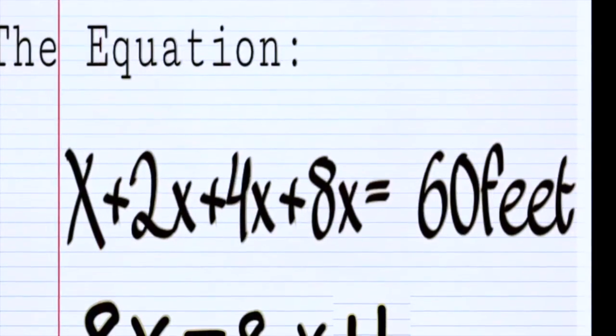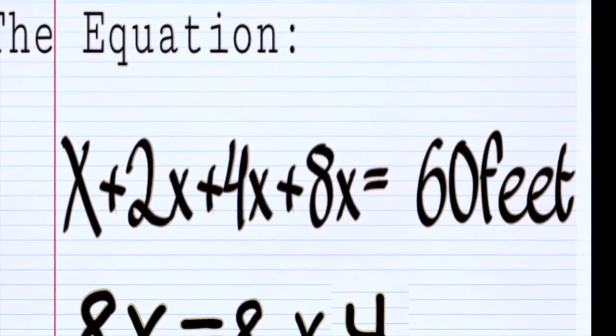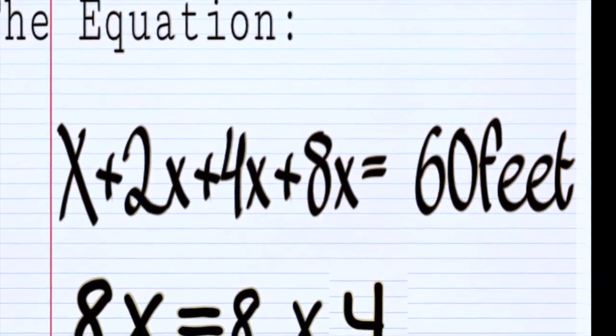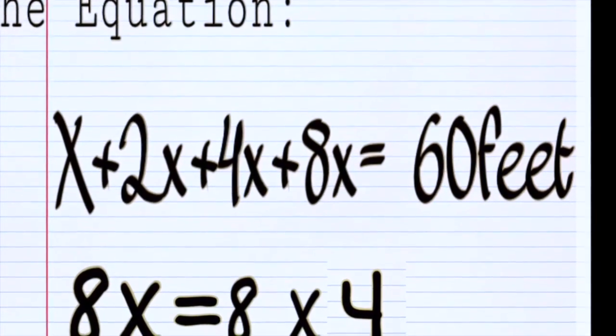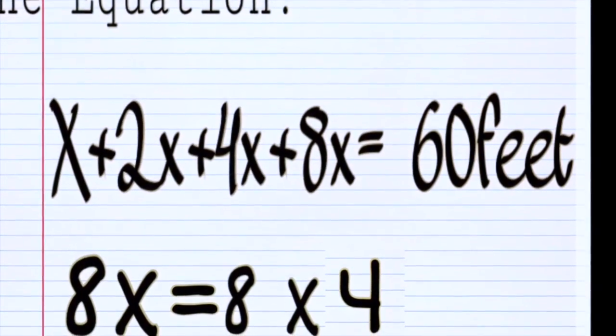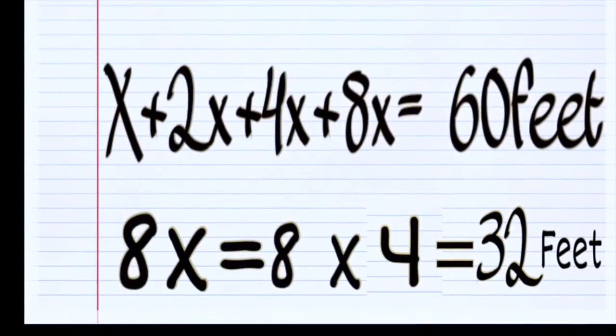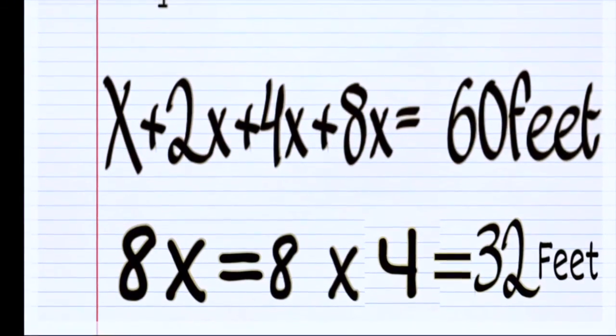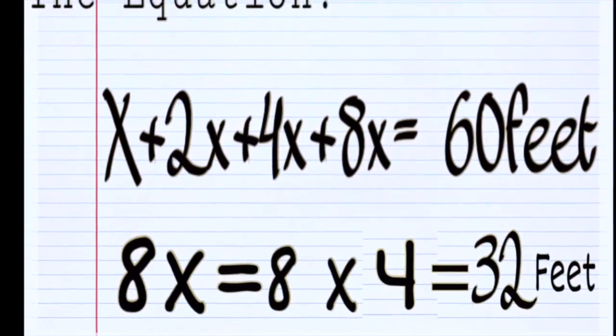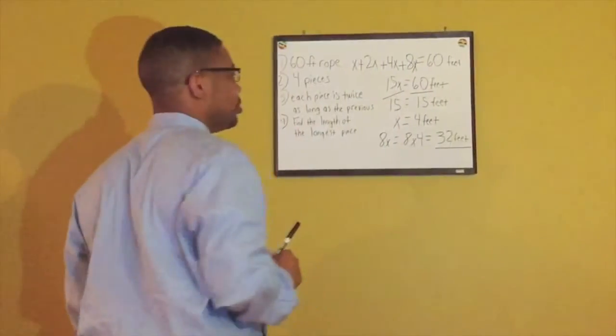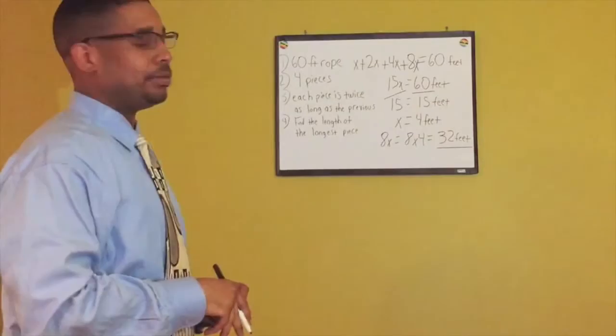We simply substitute 4 in for x because we know that x equals 4 feet. Now 8 times 4 is going to give you 32. We're going to bring down the feet. The solution to this problem is 32 feet.